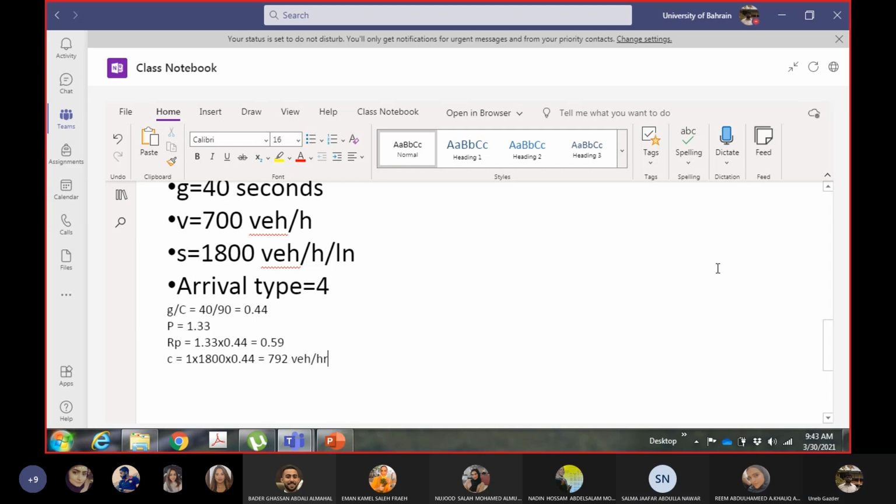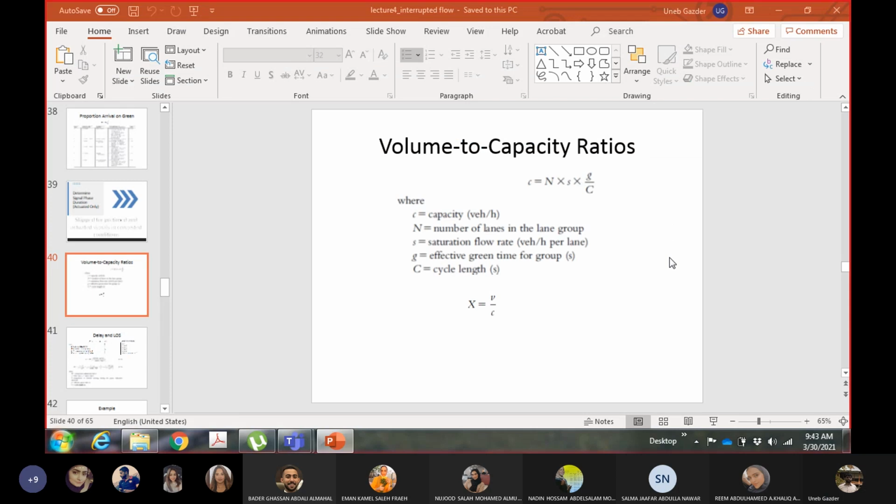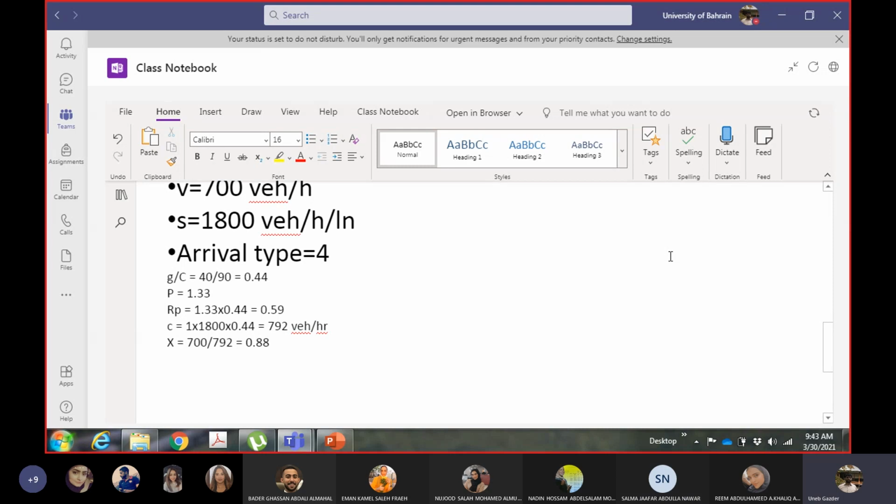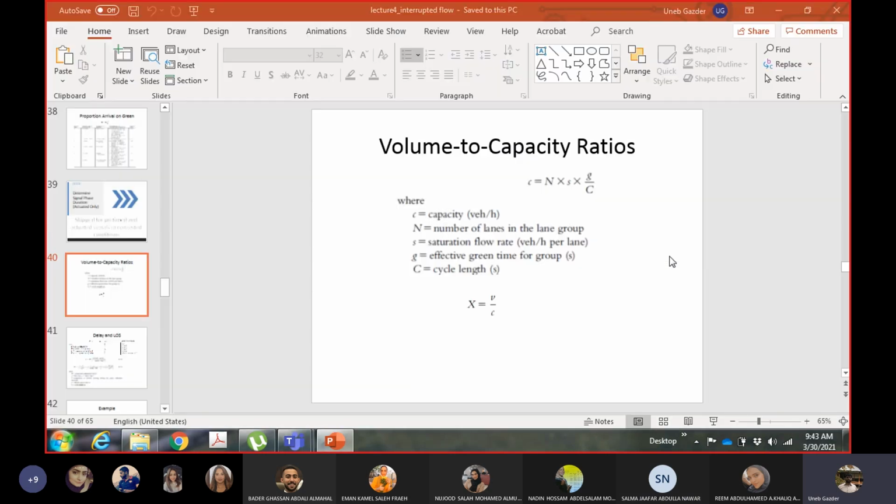Then the X value, volume was given as 700 and capacity is 792. How much? 0.88. It is less than 1, so I can proceed. I cannot say that level of service is F right now.